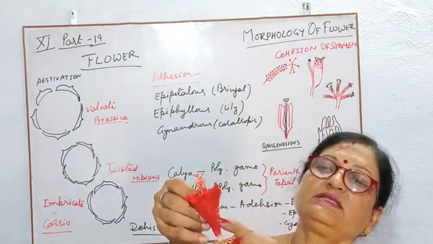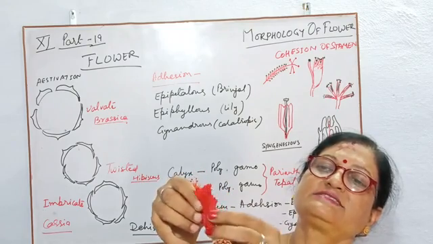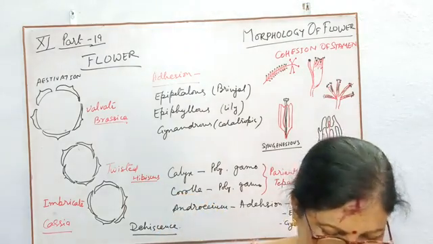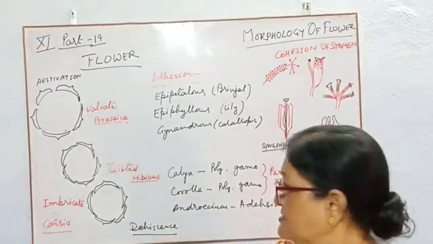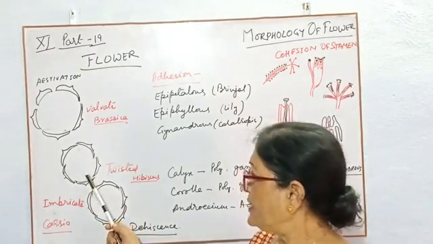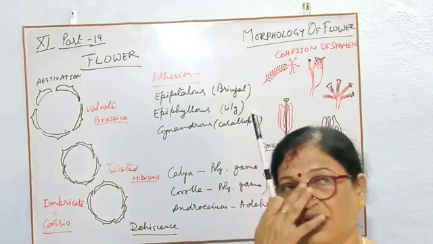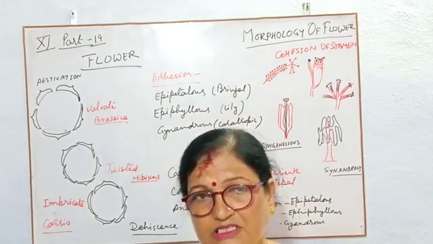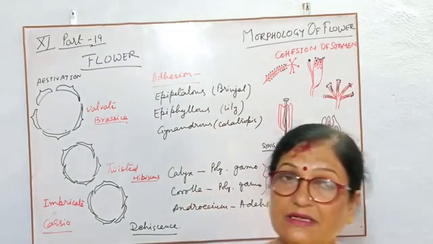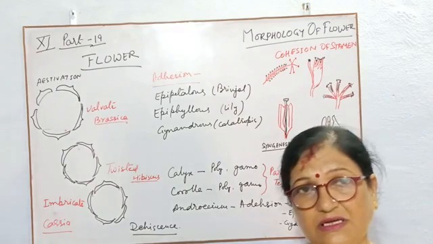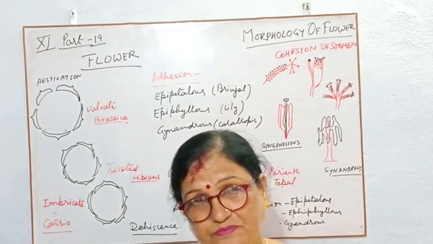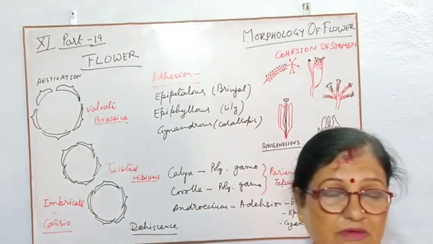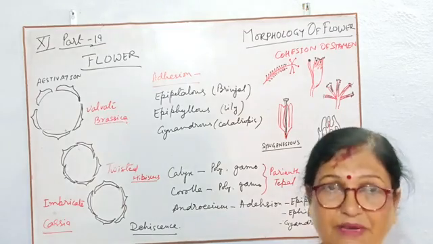Again, this petal is present outside and the same petal has a part present inside. So this is the twisted estivation, when one margin of a floral part is covered by the margin of another part. So estivation forms in a twisting manner.